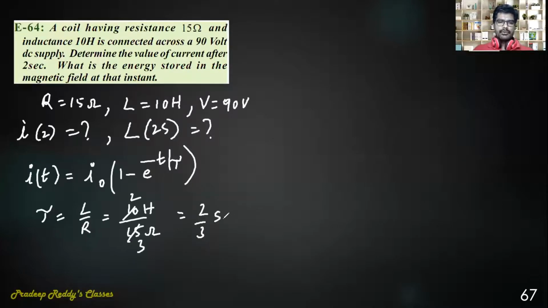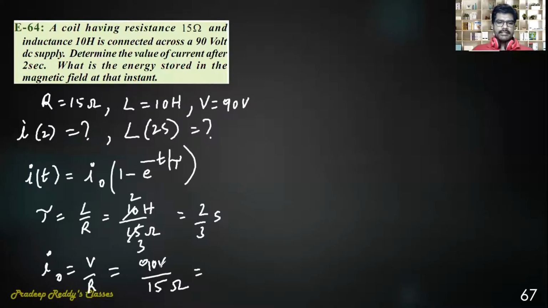So tau is 2 by 3 second, and I naught value. At an infinite time, inductor will act as a wire, and it is having only resistance of 15 ohm. So therefore I is equal to V divided by R, that is 90 volt divided by resistance of 15 ohm.